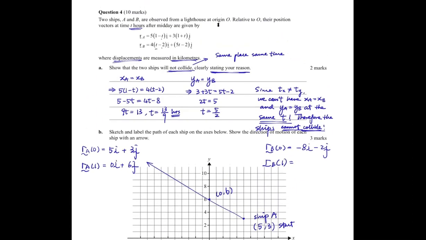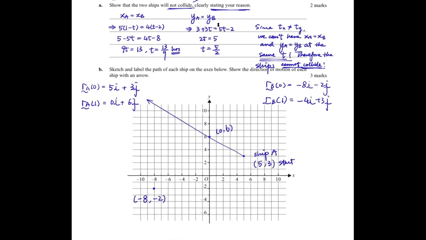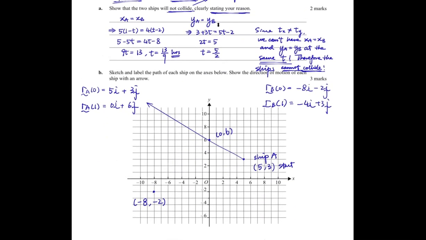Minus 4i plus 3j, okay? Minus 4, 3. So it should look like that. That is ship B. Minus 4, comma 3.